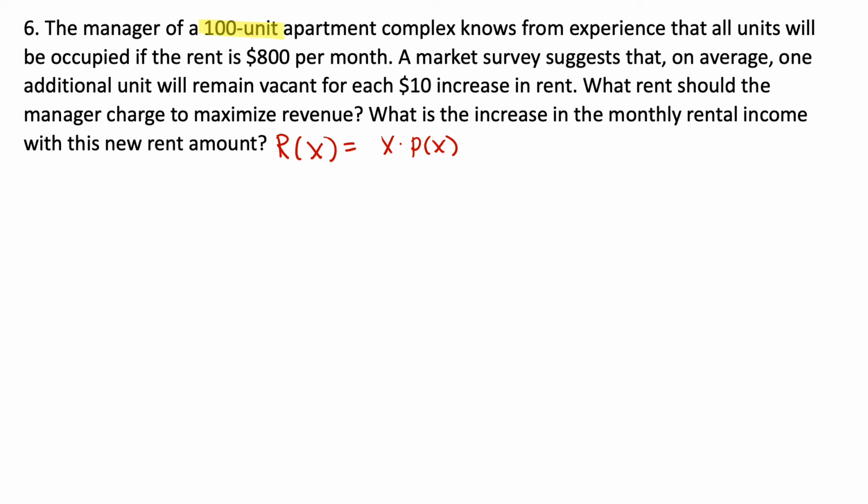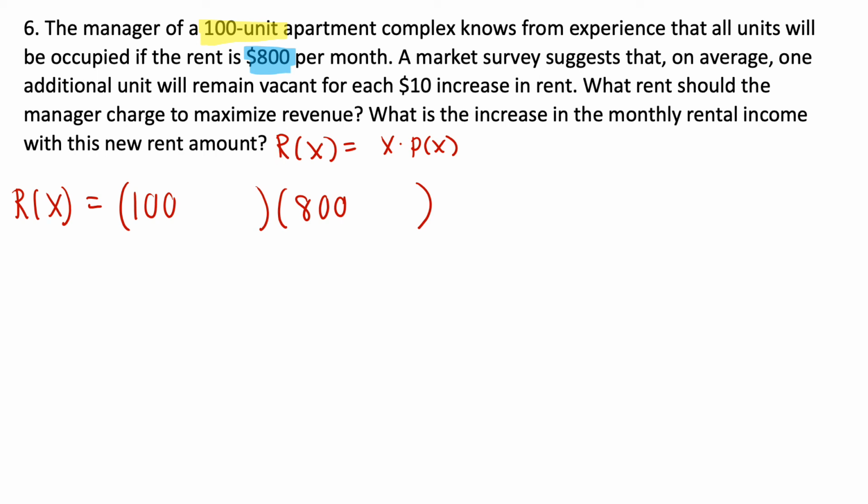So we have a 100-unit apartment complex, and we're selling these for $800 per month. So when we start our equation, R of X, we're starting with 100 units at $800 per month, but we need to account for the change.